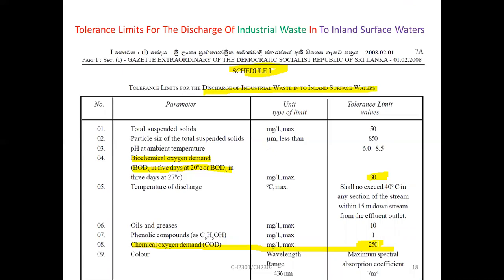When we discharge treated wastewater into inland surface water, the BOD value should not exceed 30 milligram per liter, and the COD value should not exceed 250 milligram per liter. But here you can see the BOD value is lesser than the COD value. What is the reason for that?